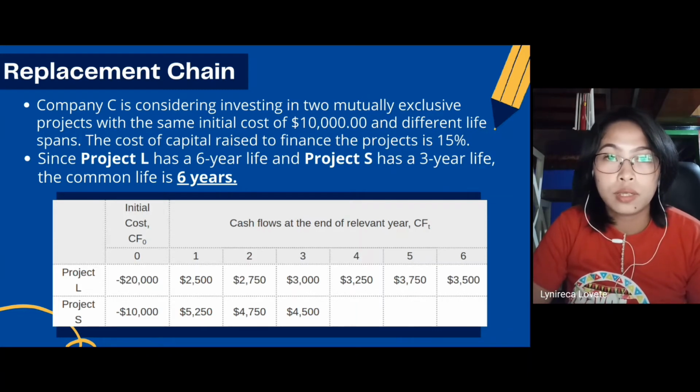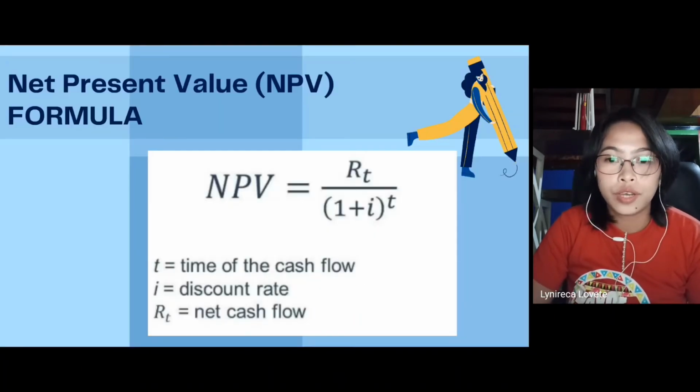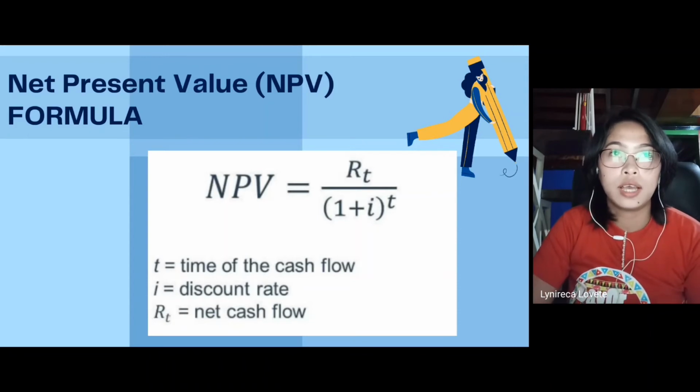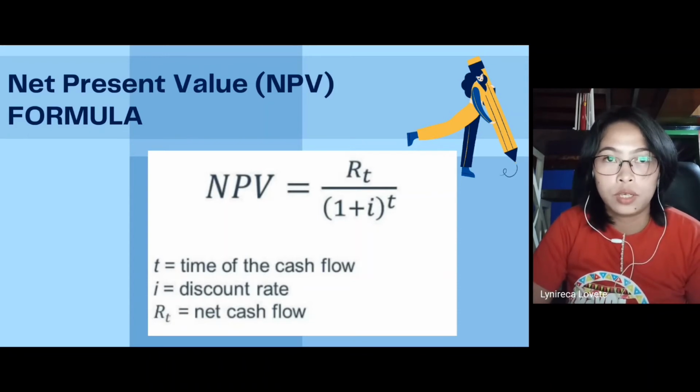The table also represents the different cash flow at the end of the relevant year. In order to solve this, we will be using the net present value formula, which is the NPV is equal to net cash flow divided by (1 plus the discount rate) to the power of the time of the cash flow.